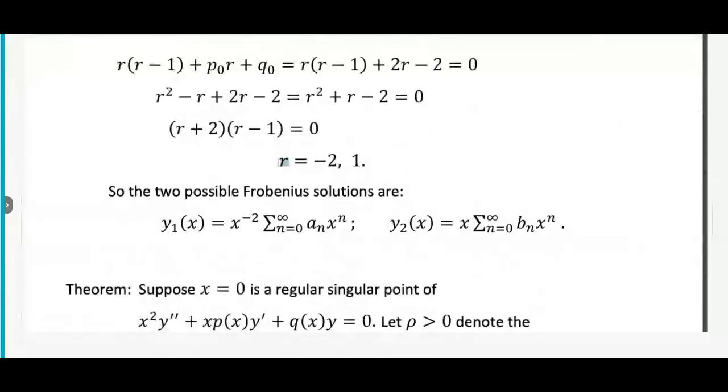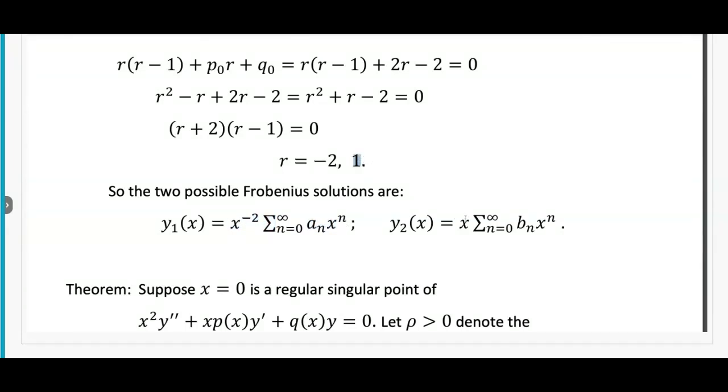So R is solved. R equals negative 2 and 1. So the two possible Frobenius solutions are these. The first solution is x raised to R, where R is negative 2, times this power series. So we can simplify this one: it becomes x raised to n minus 2.